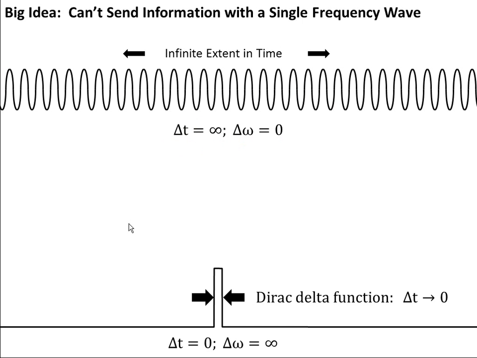The opposite case is what you know in electrical engineering as the Dirac delta function. We know the time of this Dirac delta function goes to 0. In this case, it takes a very, very narrow slice of time. Delta t goes to 0, but we know the spectrum of the Dirac delta function contains all frequencies. So how do we send bits of information, which a Dirac delta function is, on a wave which we know to be infinite in extent and essentially can't carry anything at all except the frequency of the wave?